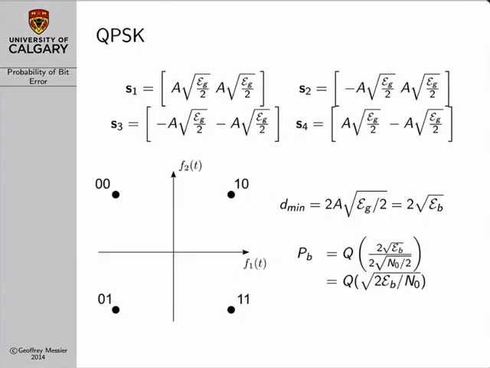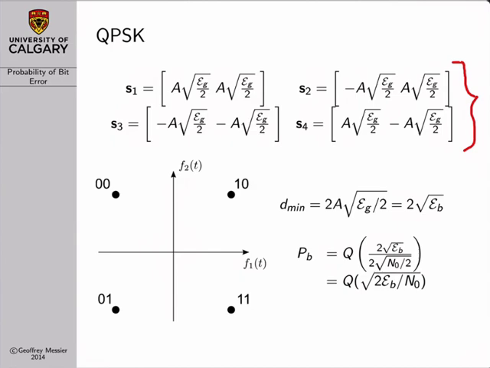So as for QPSK, we know that there are 4 signal points in the QPSK constellation, and the signal vectors for those points are given here. Now, the way that we determine bit error rate for QPSK is to note that QPSK is really just 2 BPSK modulators, each one working on a different basis function. And we can see that when we look at the constellation diagram.